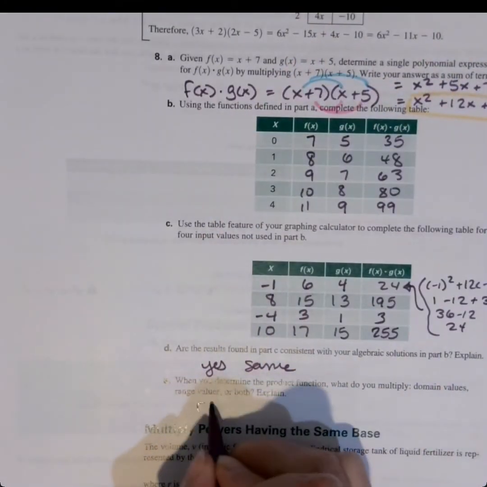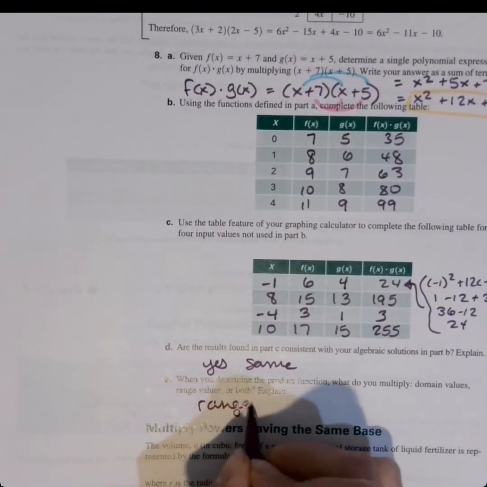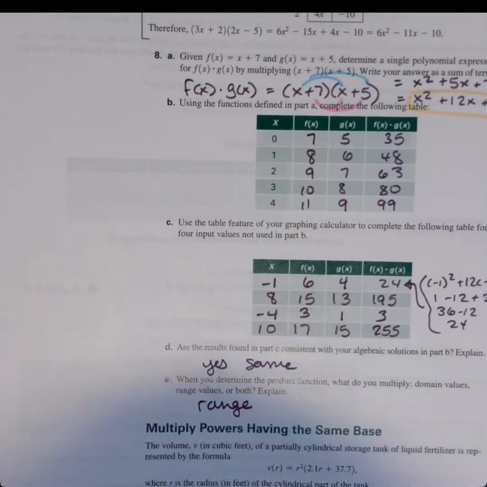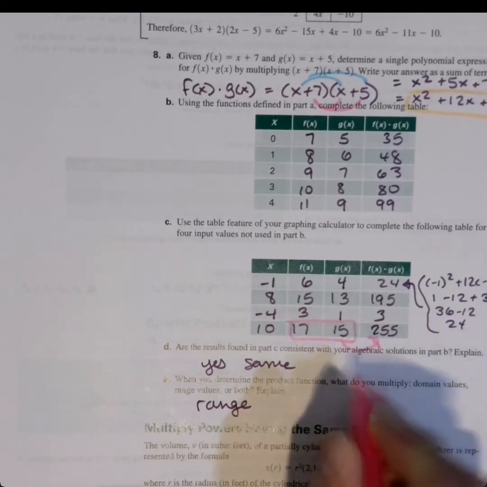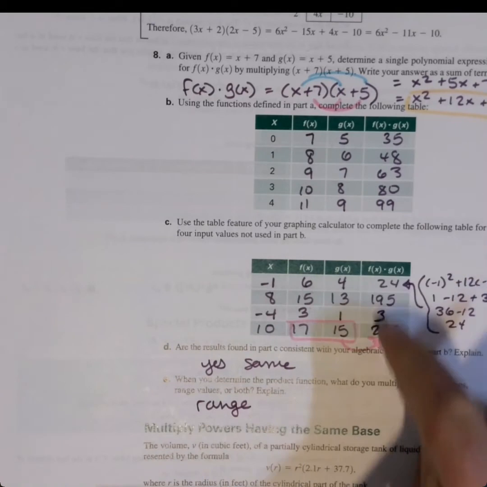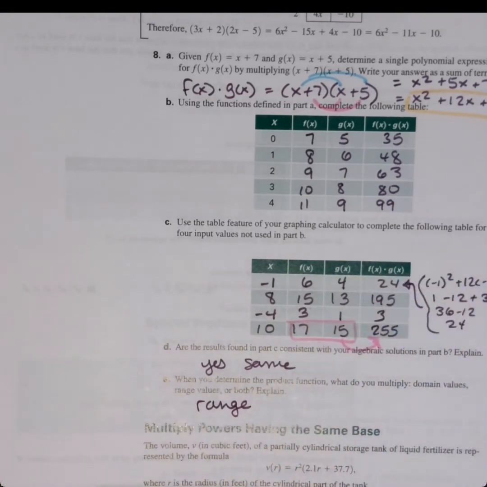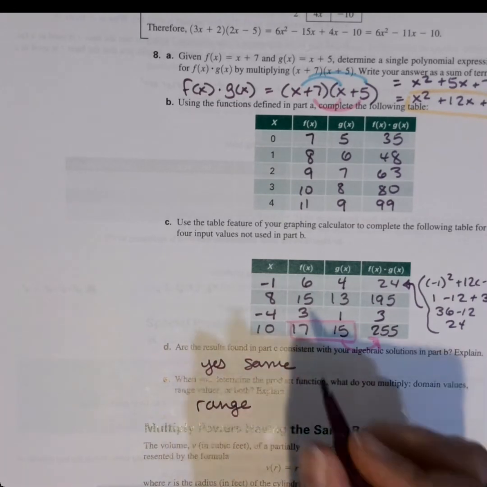So it's the range values that multiply, right? So I don't need the x, the 10. These are the two numbers that I multiply. It's the two output values for the original function that multiply to give the output value of the product function.